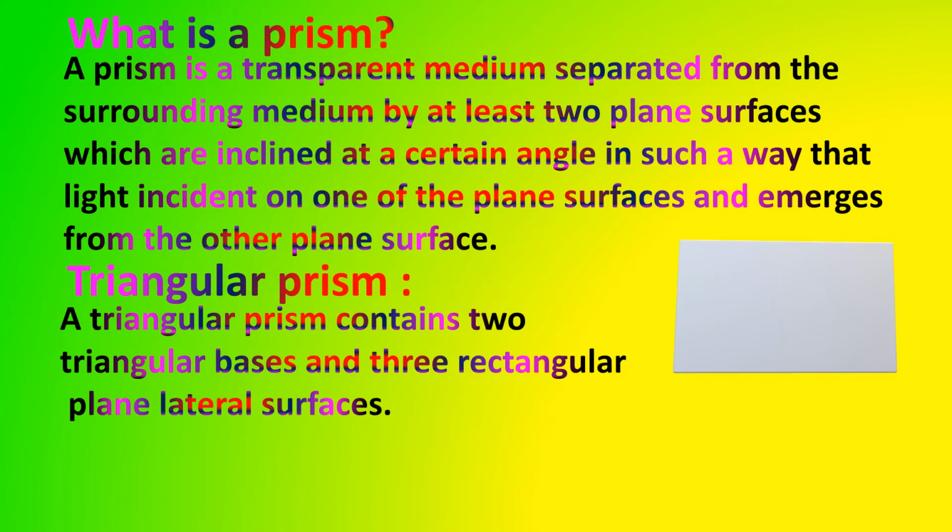It has three rectangular plane lateral surfaces and two triangular surfaces, and these two triangular surfaces are bases. That means a prism sits on the triangular base only. Even if a prism sits on the rectangular surface, its base is always the triangular surface only. The triangular surface only will be considered as its base.